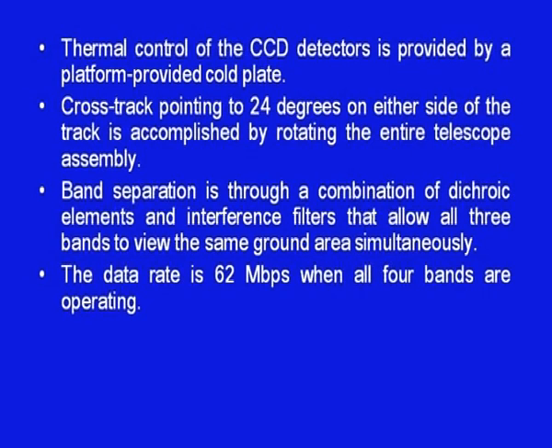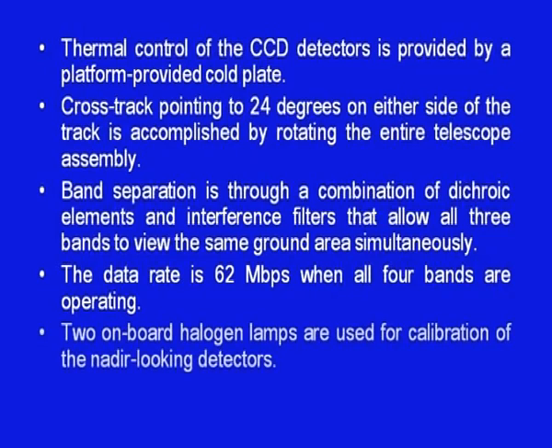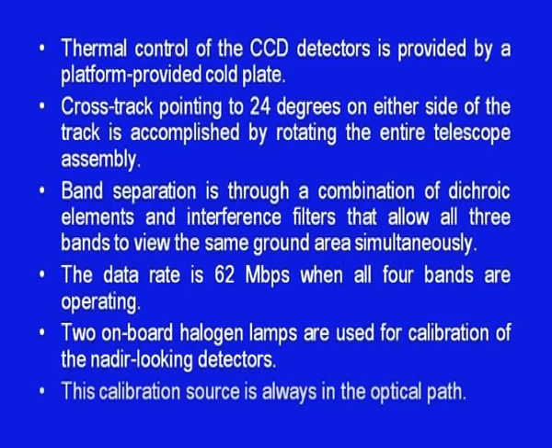The data rate is 32 Mbps when all 4 bands are operating. The 2 onboard halogen lamps are used for calibration of the nadir looking instruments. This calibration source is always in the optical path.